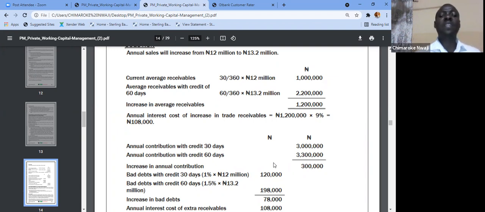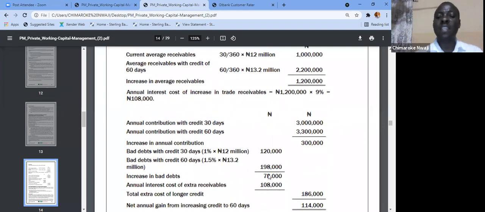Now, if we increase the credit period to 60 days, our bad debt will increase to 1.5%. So if you look at 1.5% of 13.2 million, we are getting 198,000. So what is the increase? It's 198 minus 120. It means 78,000 is the increase in bad debt.